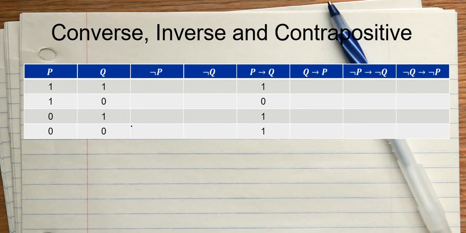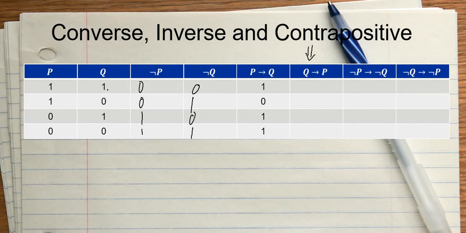Alright, so filling this one out, for not P, we will just have to reverse these, so I will have 0, 0, 1, 1. Not Q, I would have 0 because that's not 1, not 0 is 1, 0, 1. Now combining these, I can move on to the other columns of this truth table.